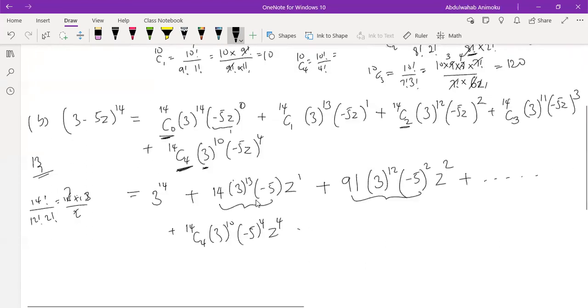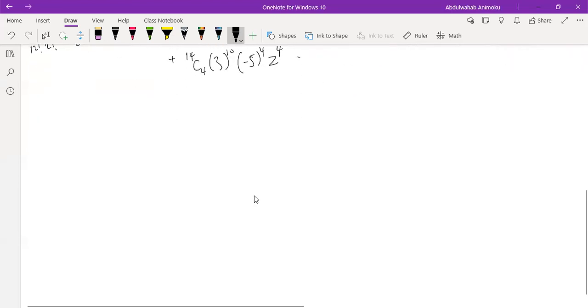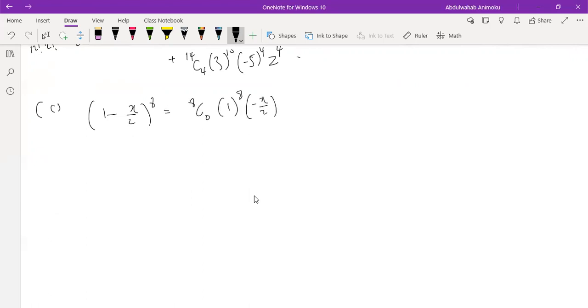And the last one, 1 minus x over 2 raised to the power 8. So let's look at this, 1 minus x over 2 raised to the power 8. Again, this is going to be 8 combination 0, 1 raised to the power 8, minus x over 2 raised to the power 0. I think you can now see the pattern, right? And it's quite straightforward.